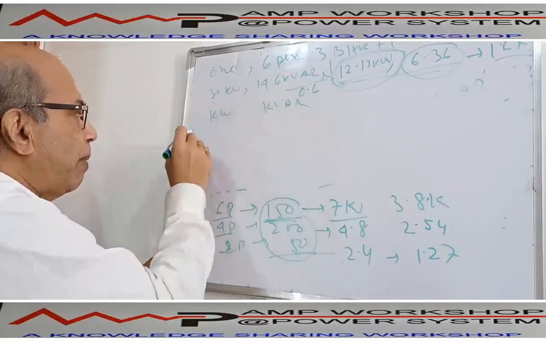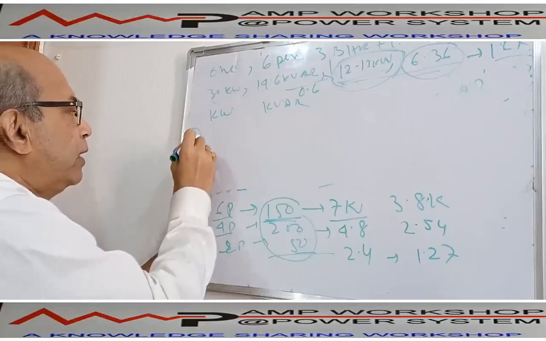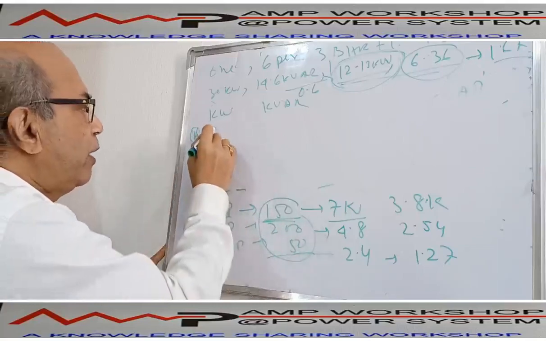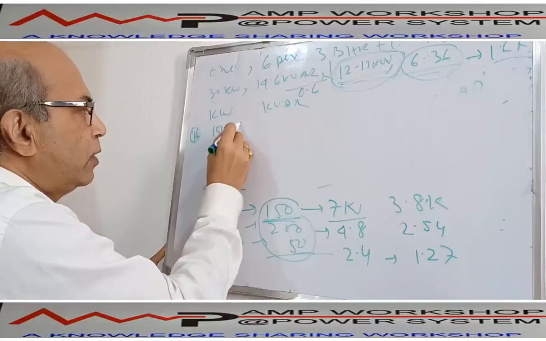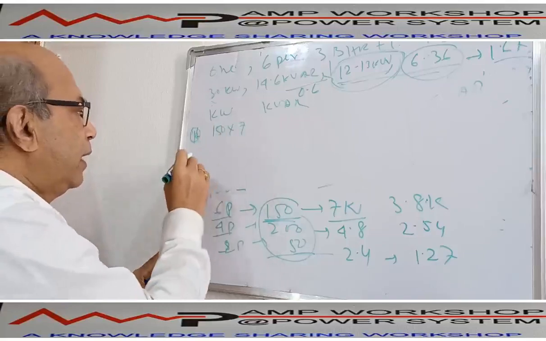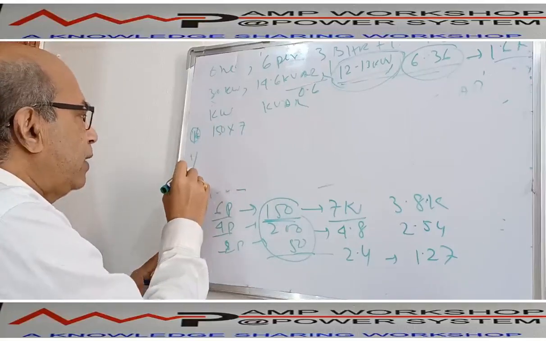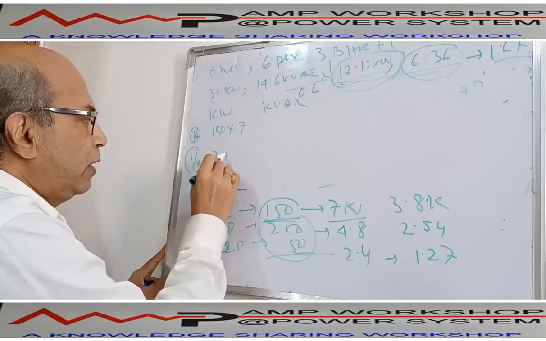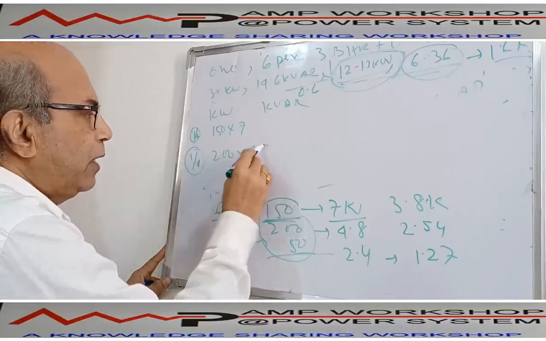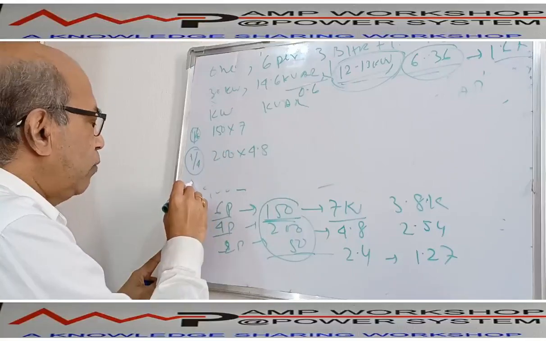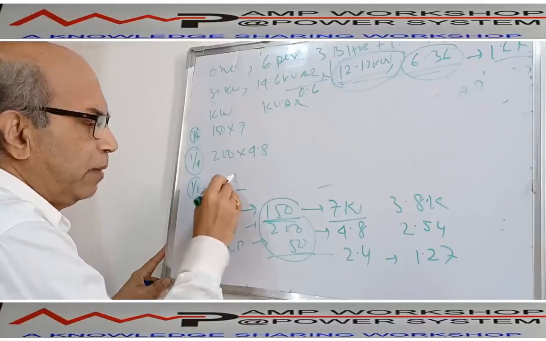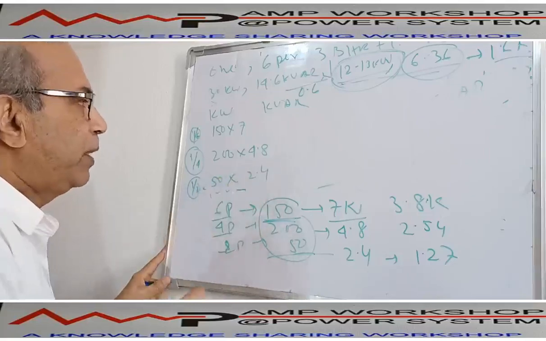So first group of apartments, the 6 people apartments, how much will it be? It will be 150 into 7 kilowatt, right? Then the 4 people apartments, the second group, 200 into 4.8, right? And the 2 people apartments, 50 into 2.4. This will be the kilowatt.